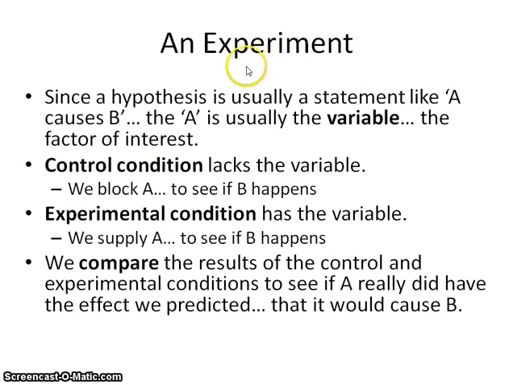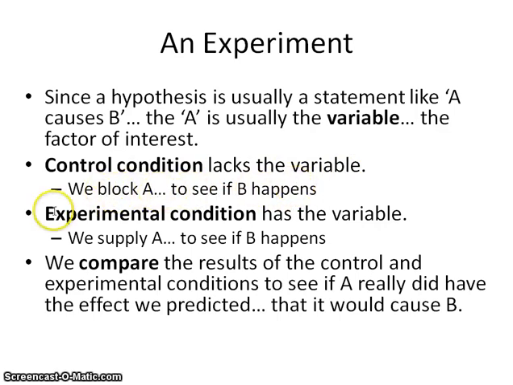So, what's an experiment? Well, since a hypothesis is usually a statement like A causes B, the A is what we'll call the variable, the factor of interest. It's what we want to know. Is it really having this effect? Is it causing the effect? Well, then the control condition is going to lack the variable. So that's the condition where we're blocking A to see if B still happens.